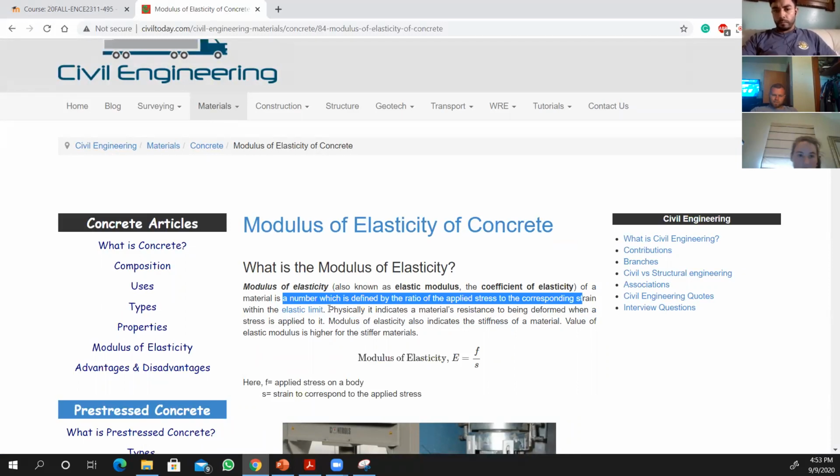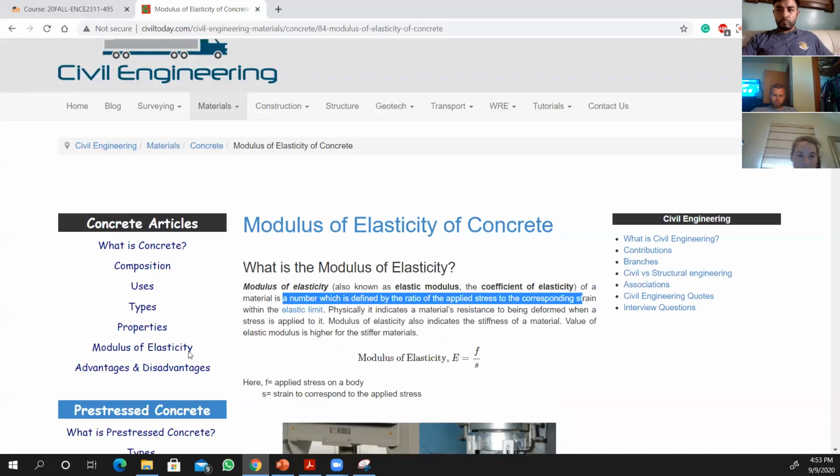I explained this elastic limit at the beginning of class while I was explaining the spreadsheet. You have your elastic region, you have your plastic region. In the same way you have elastic and plastic regions in concrete. So you can only calculate the modulus of elasticity, whether it's steel, aluminum, or concrete, in the elastic region, because you have a linear portion in the elastic region, and it's the slope.